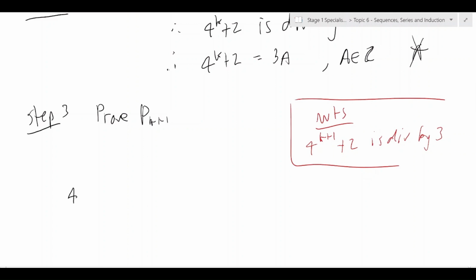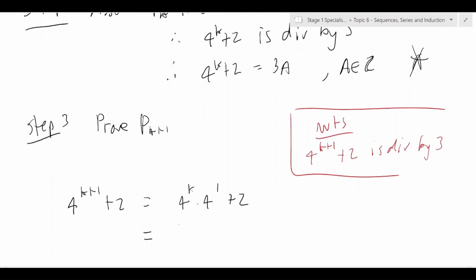So if we look at 4 to the k plus 1 plus 2, this is 4 to the k times 4 to the 1 plus 2. And we know what 4 to the k is. It actually helps if we write this bit rearranged. So 4 to the k equals 3a take 2, just like taking 2 from both sides.